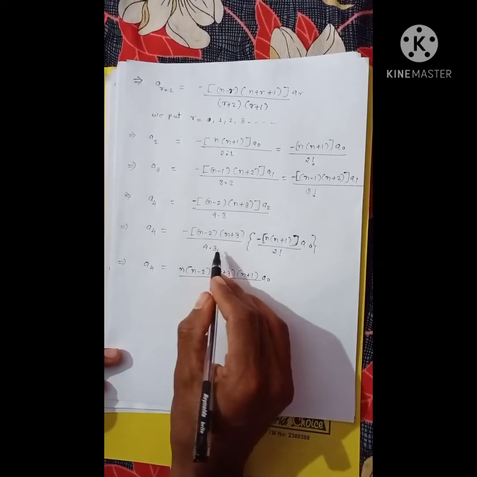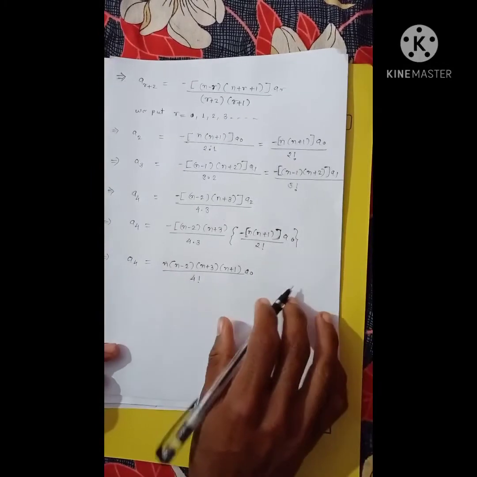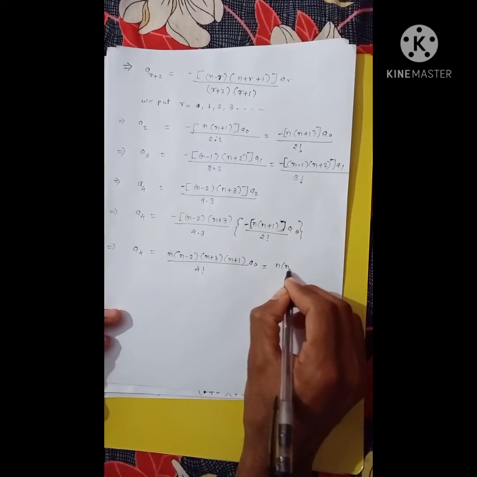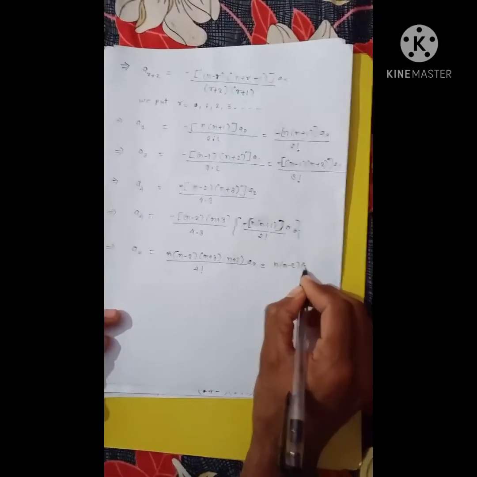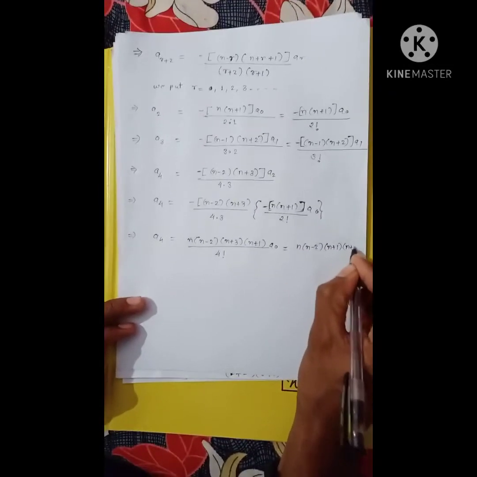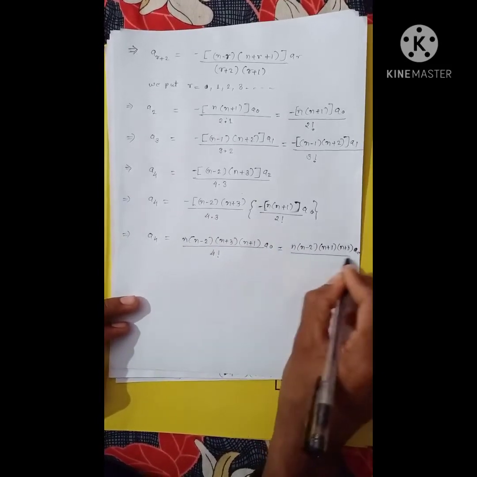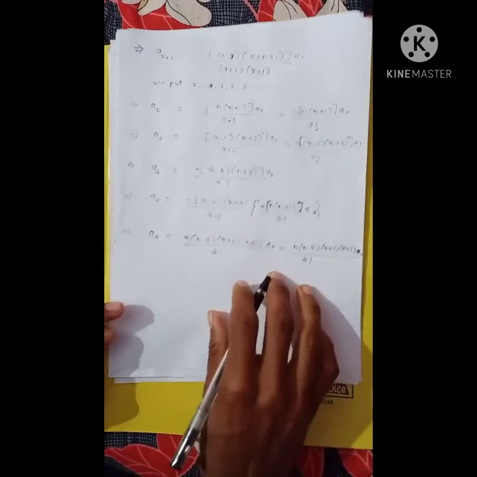So 4 into 3 into 2 into 1 becomes 4 factorial. So n into (n minus 2) (n plus 1) (n plus 3) into a0 upon 4 factorial.